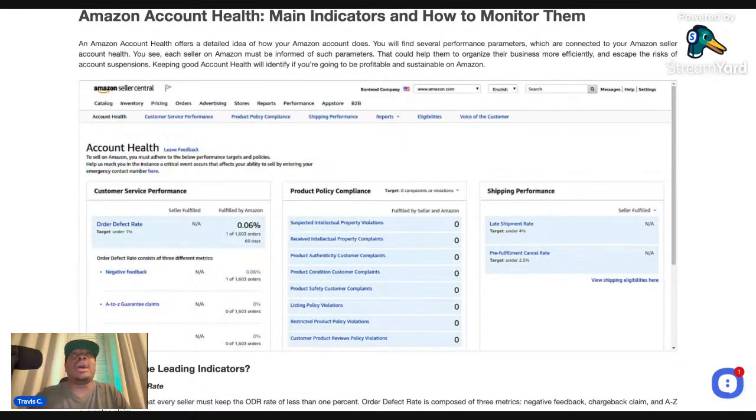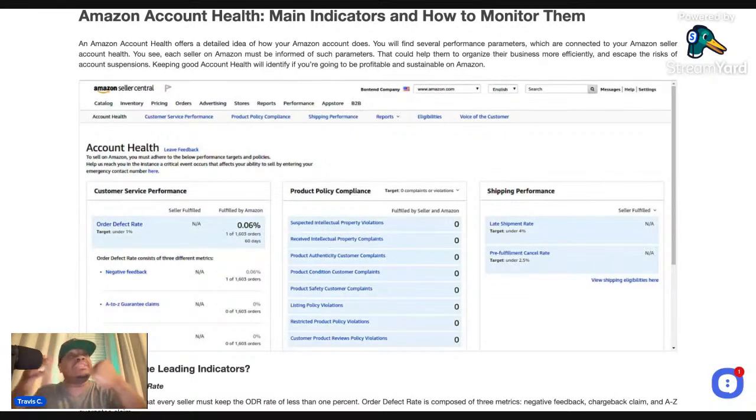And remember, just to put it in terms, for every 100 orders, right, they want you to have one or less that you mess up, at least with these. Now, some of the orders you're not always going to get right, but they're just saying, if you do mess up, make sure you communicate, get it right, do a refund, do business the right way.